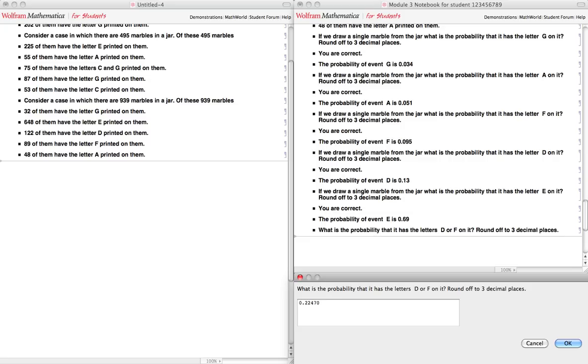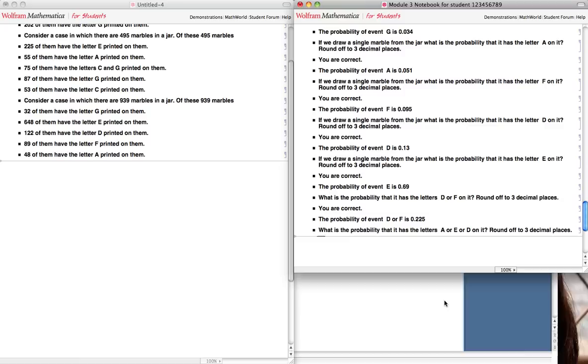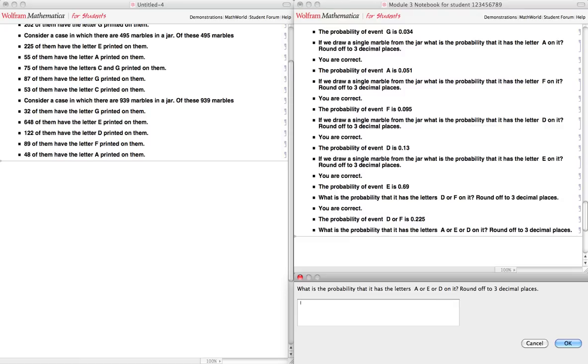It's still using 10 digits to the right of the decimal to get these answers, even though it's asking me to round off to 3 decimal places. So make sure you still use the longer, non-rounded off versions of the probabilities. Otherwise, Mathematica will count that as an error.